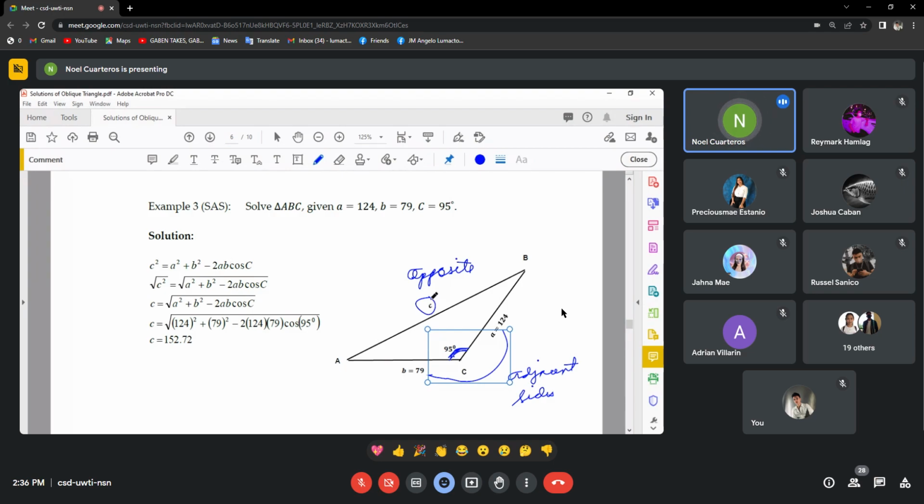Since our goal is to find side C, we use this equation: C squared is equal to A squared plus B squared minus 2AB cosine C. Square root both sides to cancel the square, so C is equal to the square root of A squared plus B squared minus 2AB cosine C. Substitute the values: A is 124, B is 79, and angle C is 95 degrees. With the use of your calculator, the answer is 152.72.